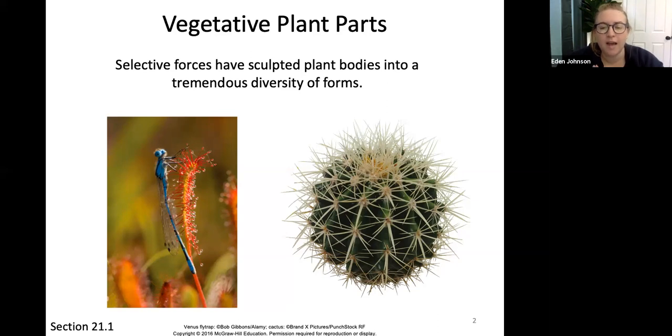So if we look at something like a Venus flytrap versus something like a cactus, what has sculpted them to have these forms? Well, first of all, for a Venus flytrap, what do you know about a Venus flytrap? That they trap other organisms, that they trap insects and things like that. Well, why do they need to do that? They need to do that because they don't have another mechanism of getting nitrogen from the soils that they're usually found in.